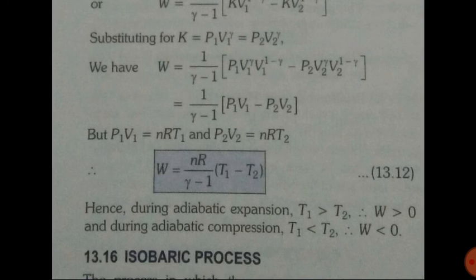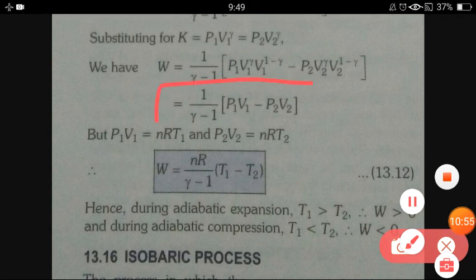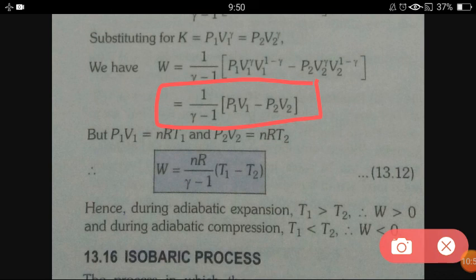Now from the ideal gas equation, P1 V1 equals nRT1 and P2 V2 equals nRT2. When we put those values in this equation and take nR as common, we finally have this formula for work: W equals nR upon gamma minus 1 into T1 minus T2.